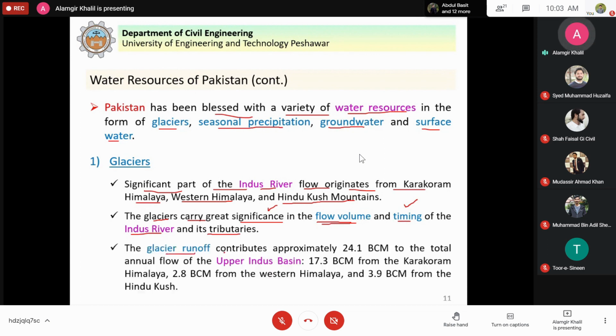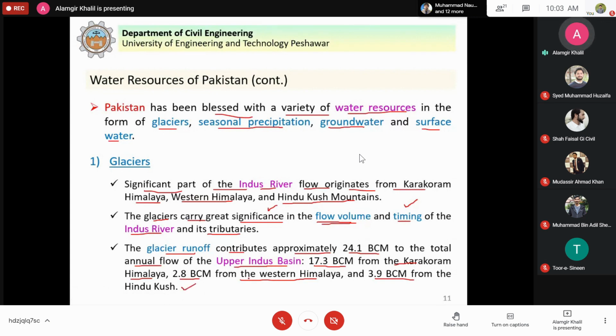The glacier runoff contributes approximately 24.1 billion cubic meter to the total annual flow of the upper Indus basin. So 17.3 billion cubic meter from the Karakoram Himalaya, 2.8 billion cubic meter from the Western Himalaya, and 3.9 billion cubic meter from Hindu Kush.